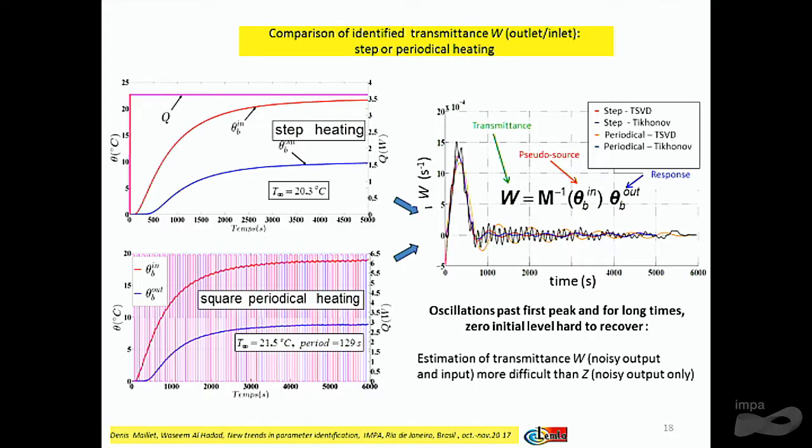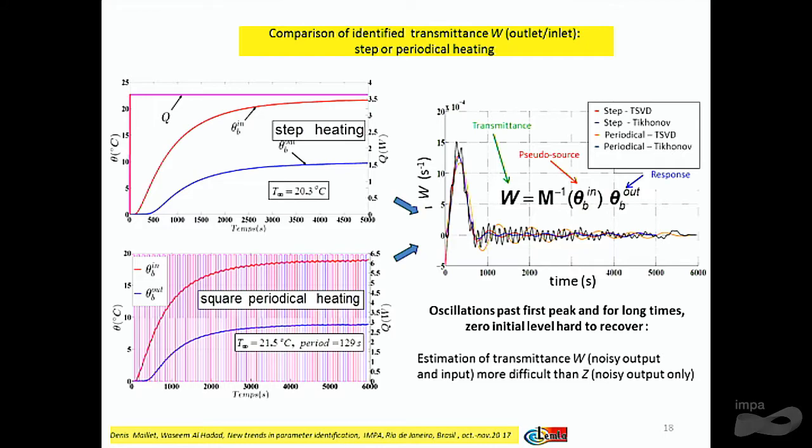The transmittances are always the same. They go from 0 to a maximum, and then they go back over a longer time. So it's more difficult to estimate the transmittance because you have both noisy output and input, compared with impedances, because there you have a good power estimation.